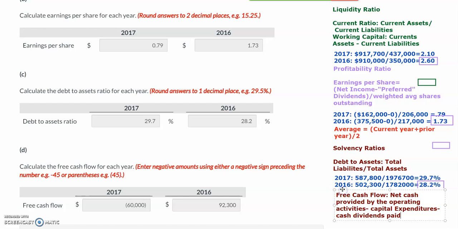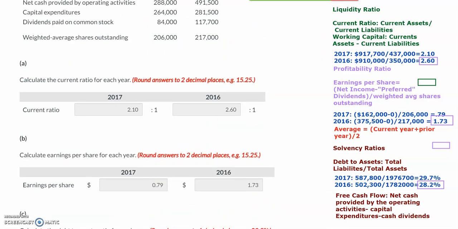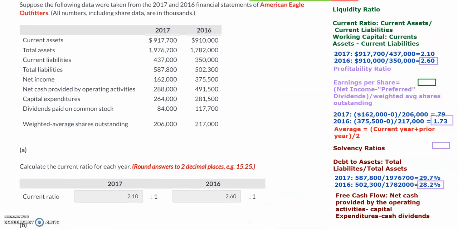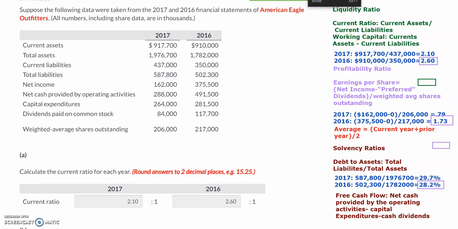So this information is always on the statement of cash flows, and you can go to our data to find our information. It's basically going to be subtracting these mathematical amounts. So for the purpose of fitting everything into one area, I'll compute our free cash flow right here.